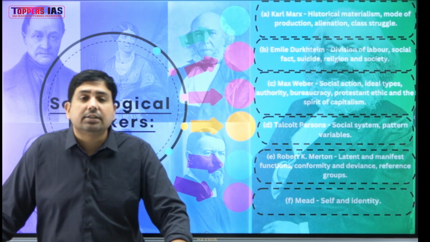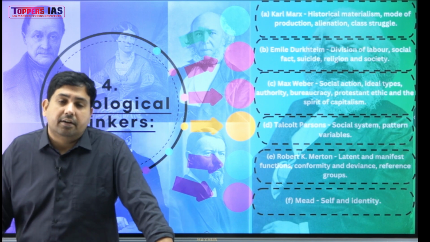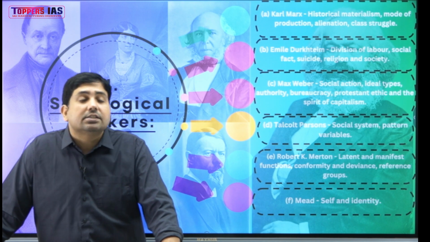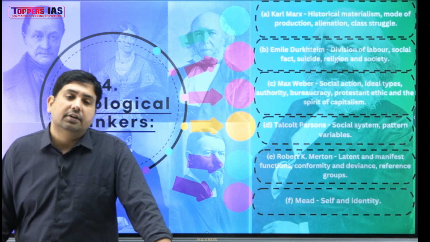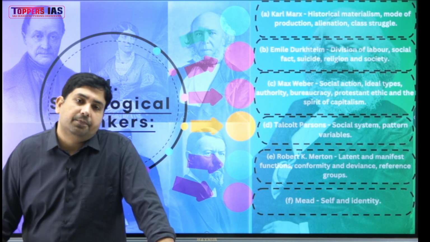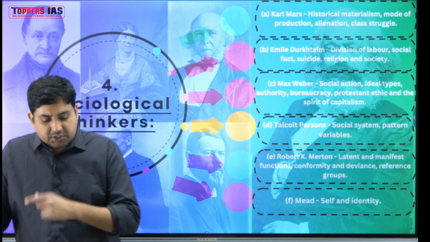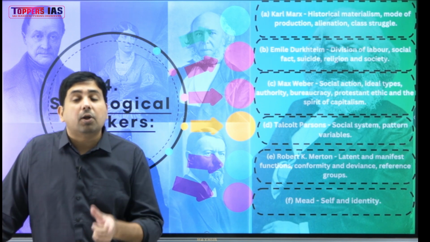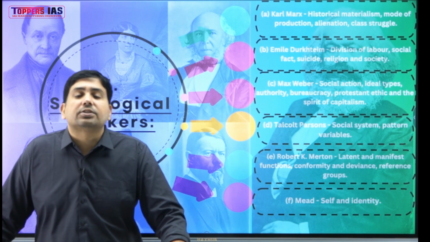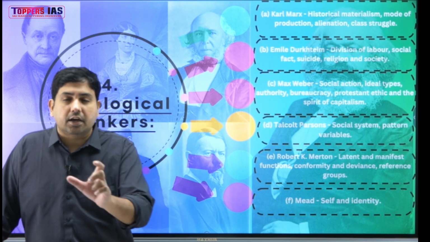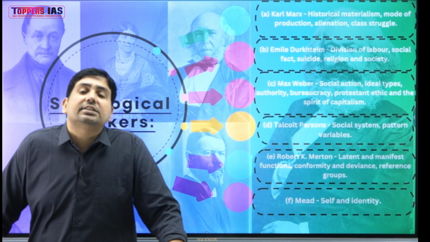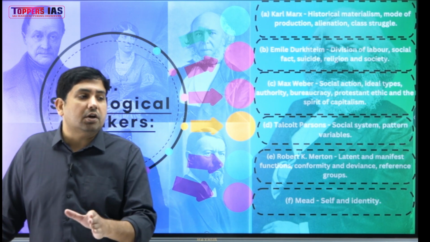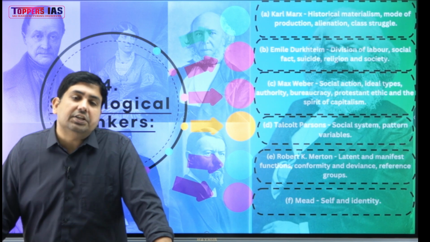And also in the chapter on religion, unit number 8, there are sociological theories of religion. And the last unit, that is 10, the topic is social change in modern society. There is sociological theory of social change.